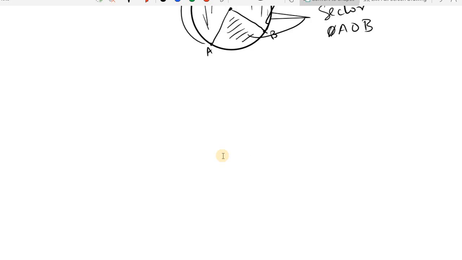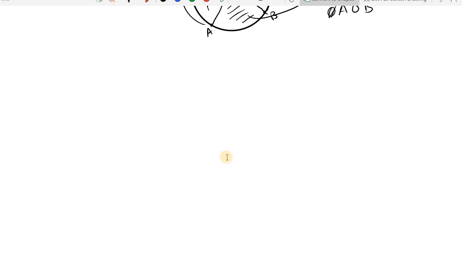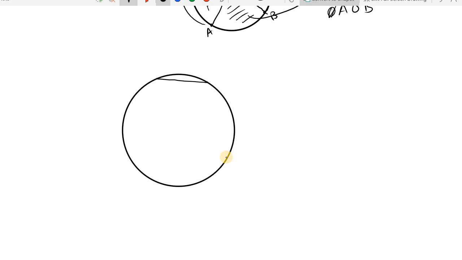Now let's talk about one more important thing. It is called cyclic quadrilateral. What is a cyclic quadrilateral? I have a circle, and in this circle, let me take any 4 points. Sorry, it's creating a little problem for me over here.